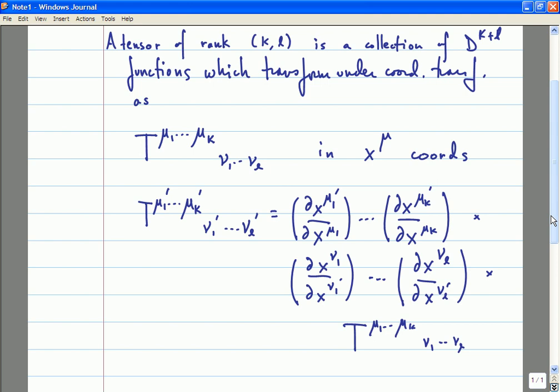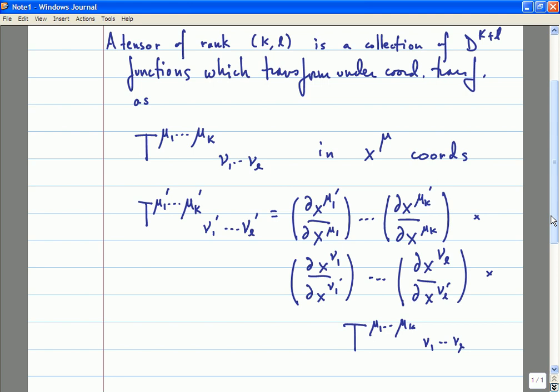A scalar has no indices, so there's none of these funny Jacobian factors that appear when you do a coordinate transformation. Now, a vector, or a contravariant vector, is a rank (1, 0) tensor, which has one upper index, and it transforms with a Jacobian matrix under a coordinate transformation.